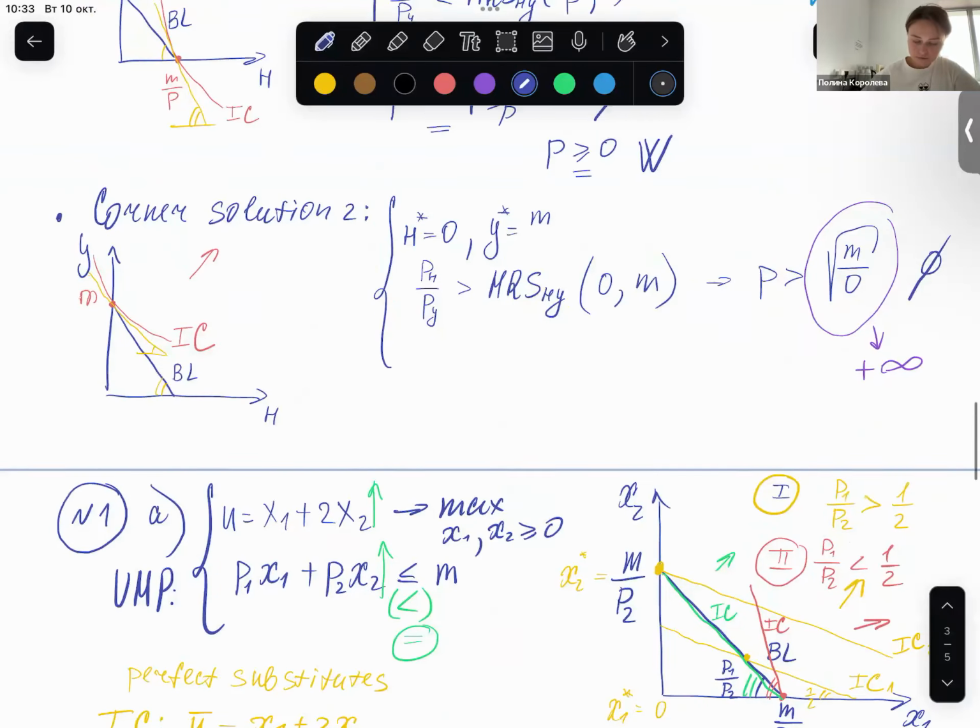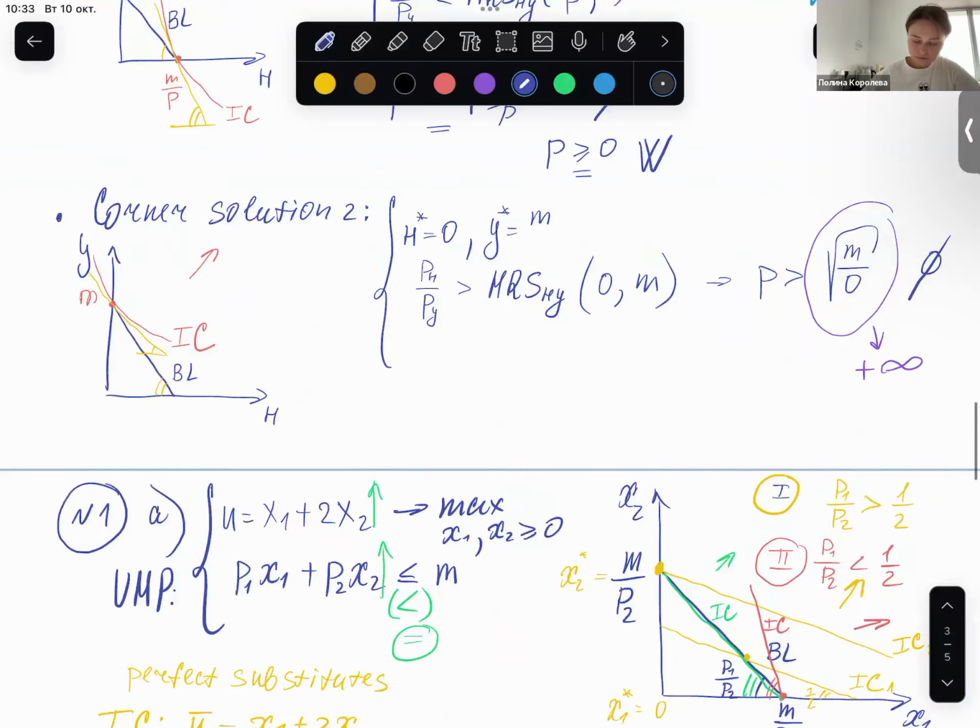Here we solve this problem by using our economic theory. We compare the marginal rate of substitution with the price ratio, but also you can use the first method through math. I will write it down, but we will not solve it.